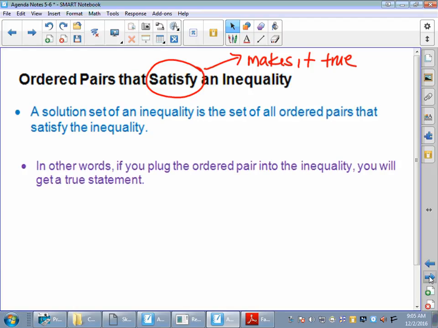In other words, if you plug the ordered pair, the x, y, into the inequality, you will get a true statement, much like we just did with that testing of the point (0, 0) on that second problem. (0, 0) satisfied the inequality. It made it true. The first one, it did not. We had a false statement.